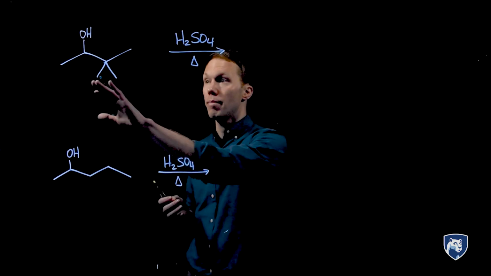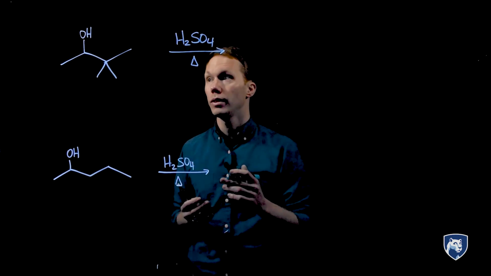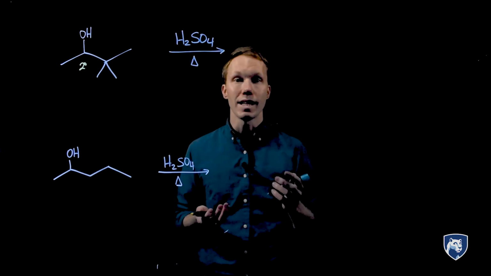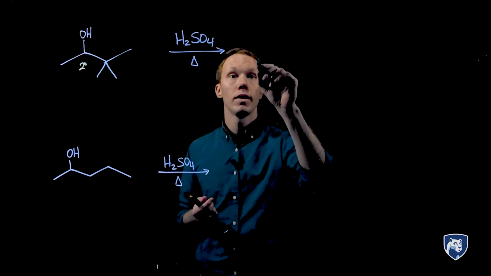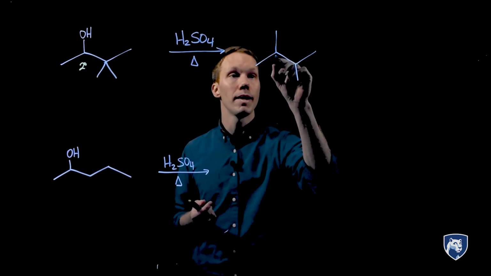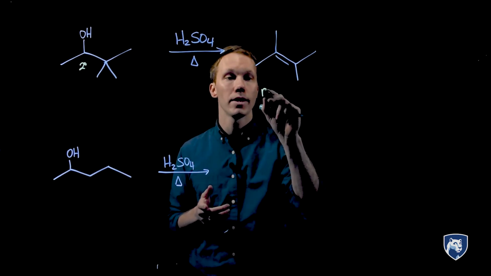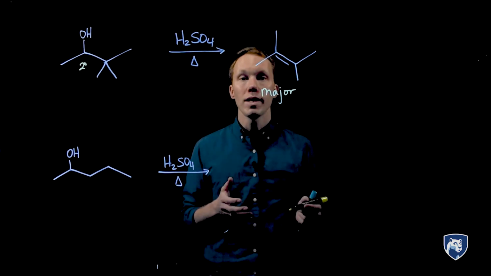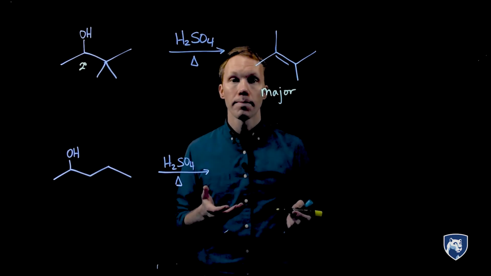In our first example, we have a secondary alcohol. This alcohol is treated with sulfuric acid and heat. This will lead to an elimination product. And it turns out that the major product isolated from this reaction is the one shown here. What do you notice about this product?